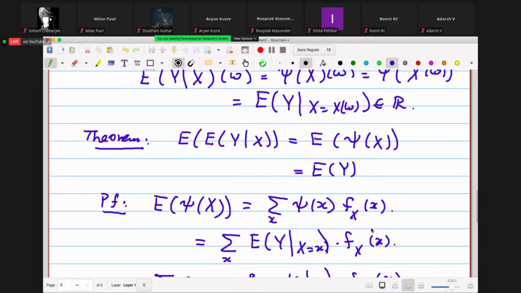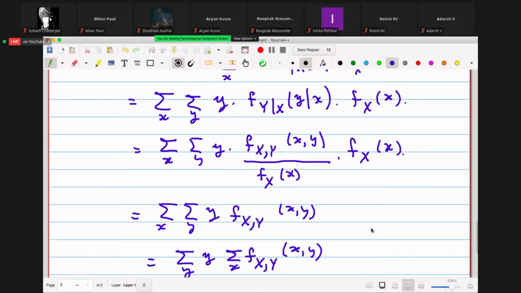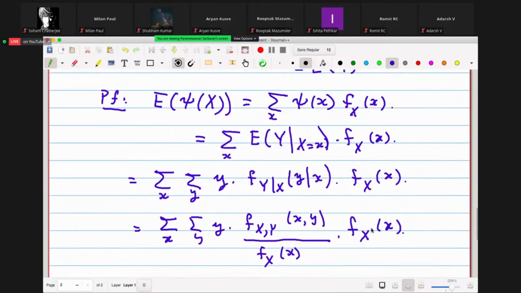Sir, how did you write the expectation of psi(X) in the first line? You just write, so psi of X is by definition this. Yeah, but applying the definition, how is f_X(x) there?